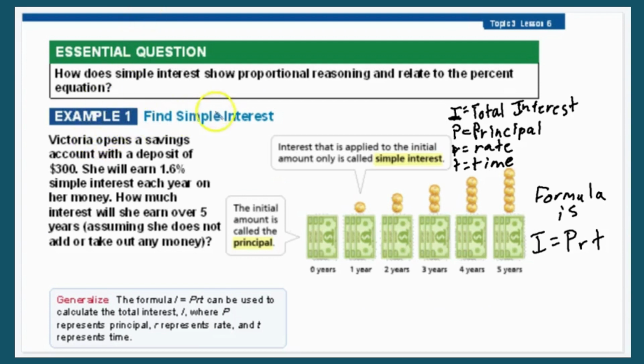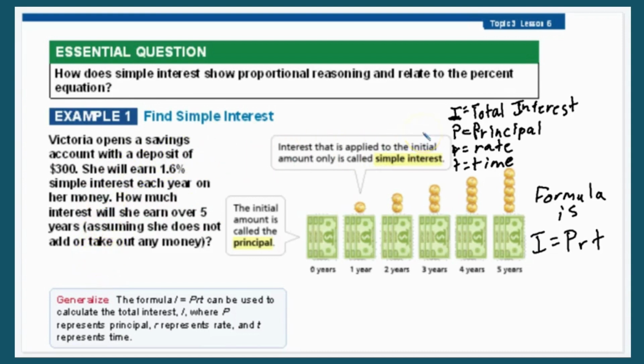Example 1. Find simple interest. Victoria opens a savings account with a deposit of $300. She will earn 1.6% simple interest each year on her money. How much interest will she earn over 5 years, assuming she does not add or take out any money?